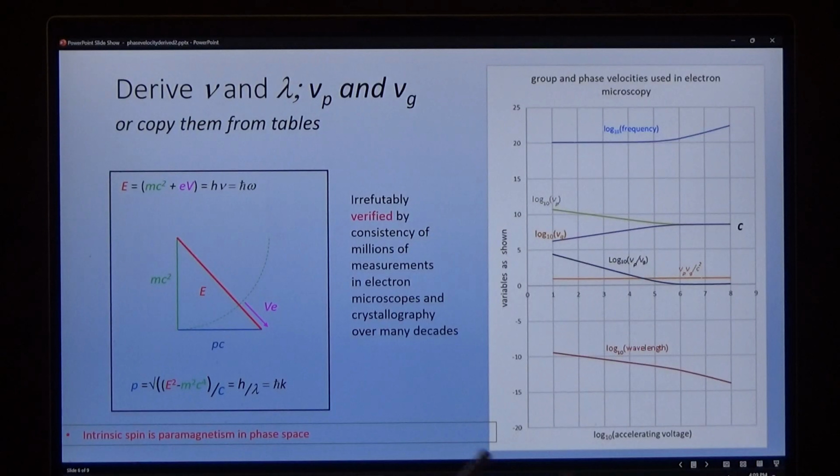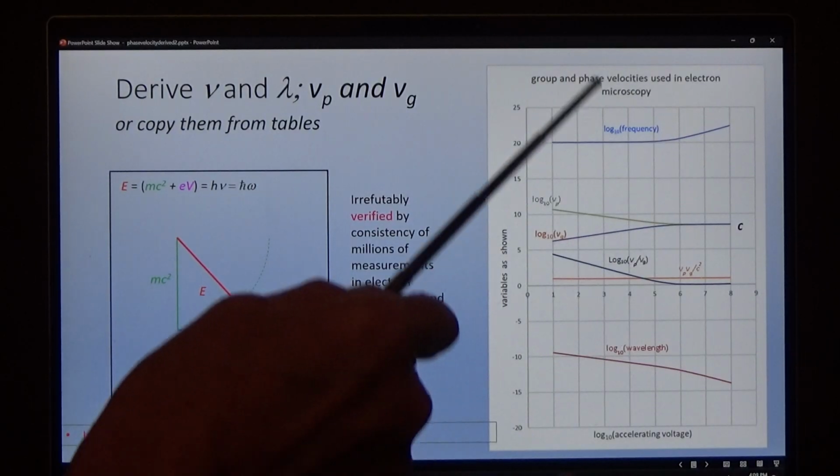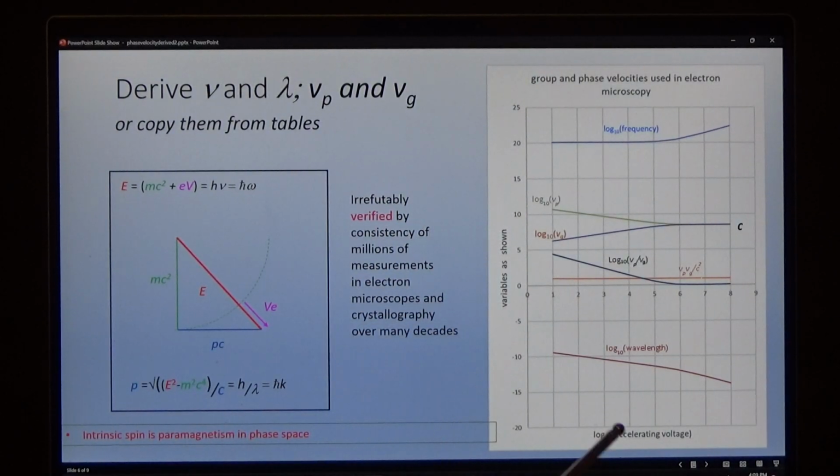Well, how do we derive group velocity and phase velocity? This is theoretical. This is experimental. You can get these numbers from electron microscope handbooks. Here's the rest mass. The energy is the rest mass plus the energy of the gun, and the momentum is the difference in these two vectors. Here they are.